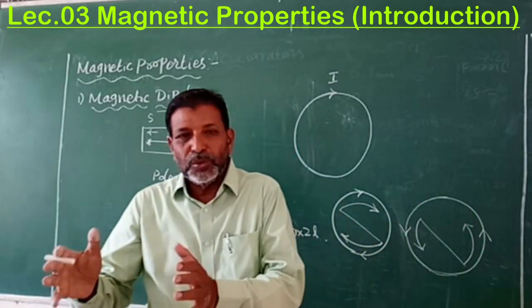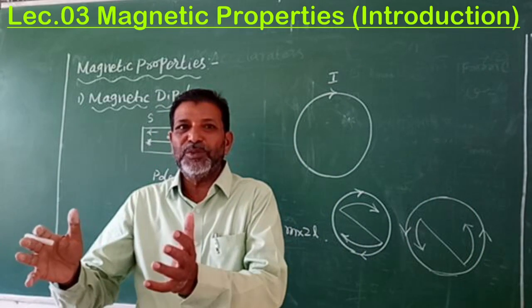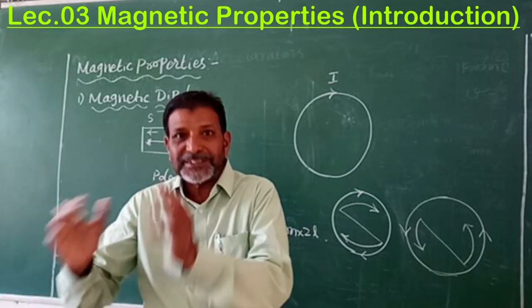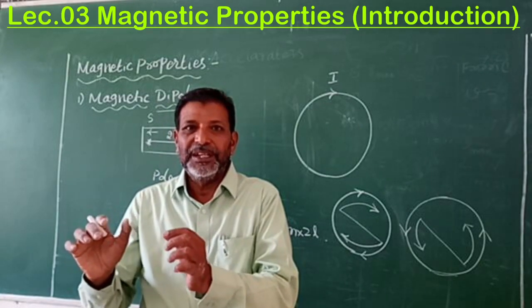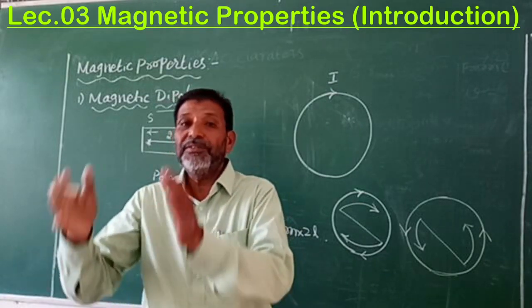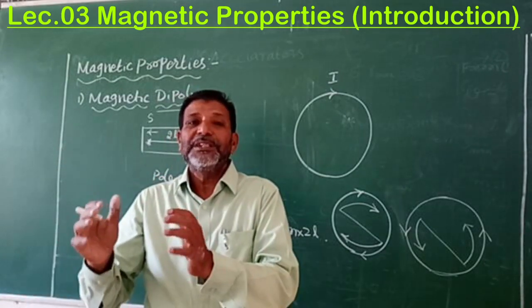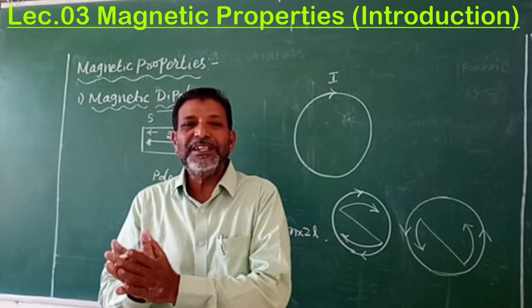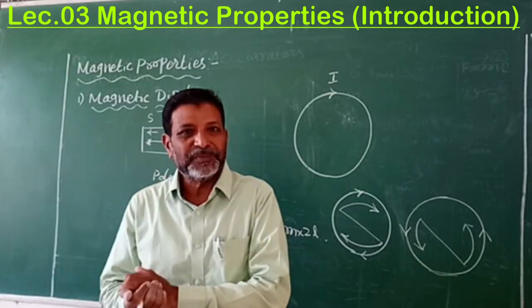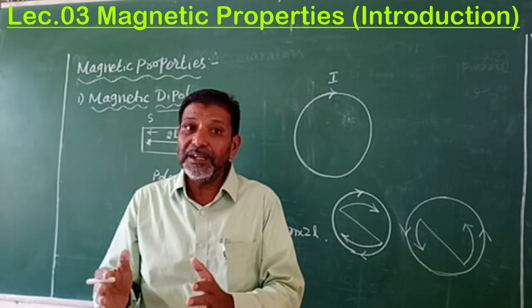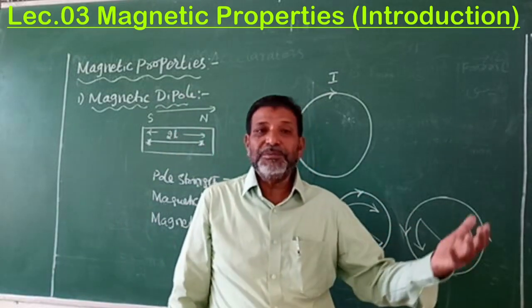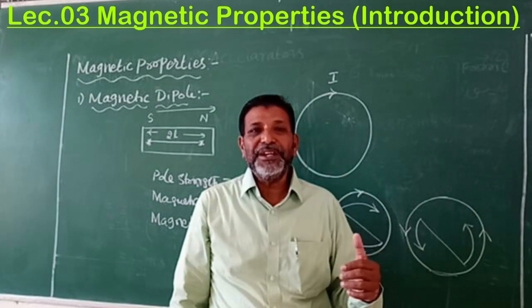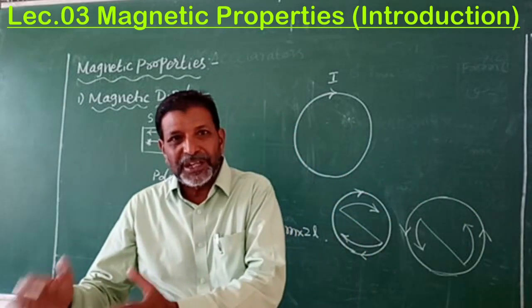Similarly, two unlike charges, one positive and one negative, of equal strength, meaning they must have the same amount of charge, separated by some distance, is the electric dipole. In magnetism there is a magnetic field, and here it produces an electric field.